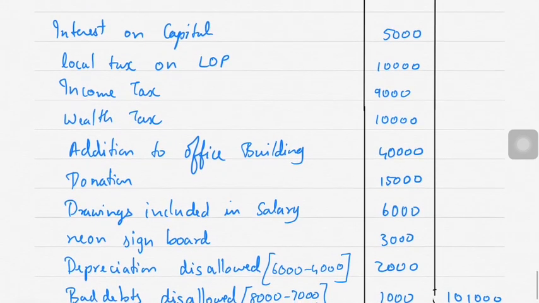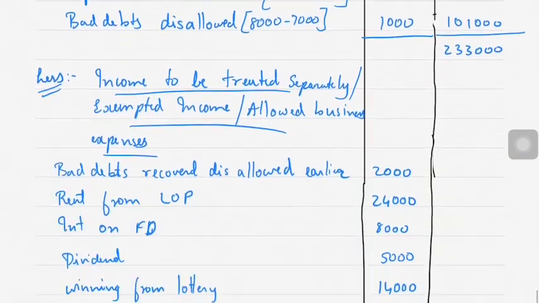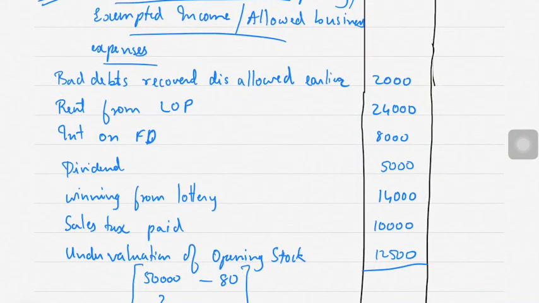Okay, just add 1,32,000. So it comes to 2,33,000.